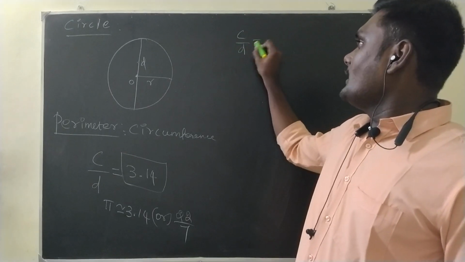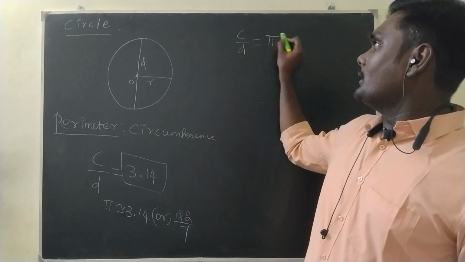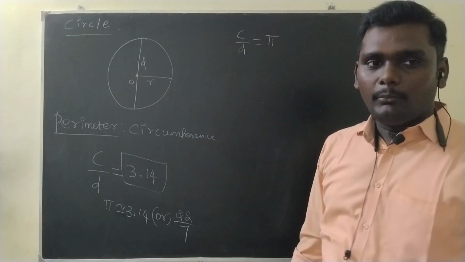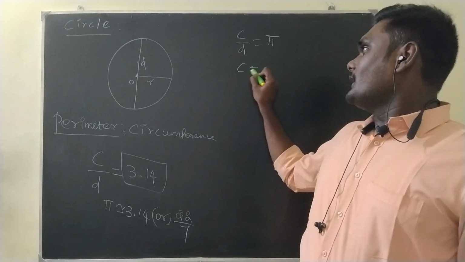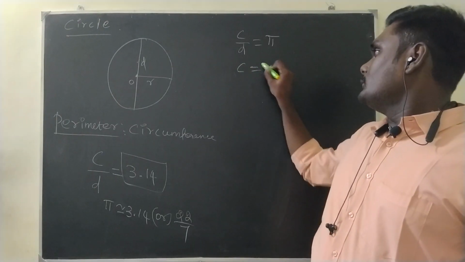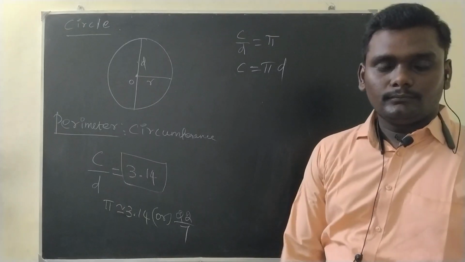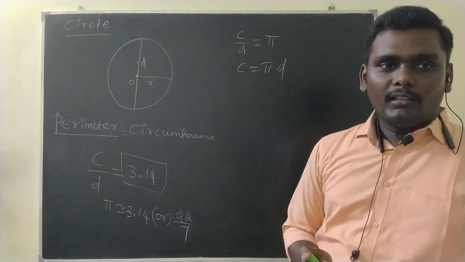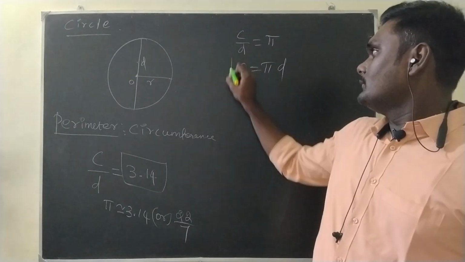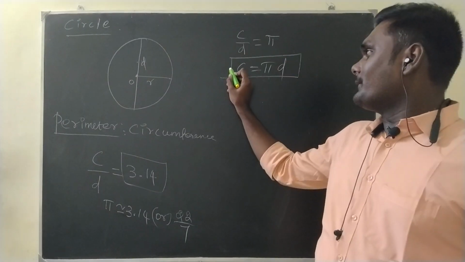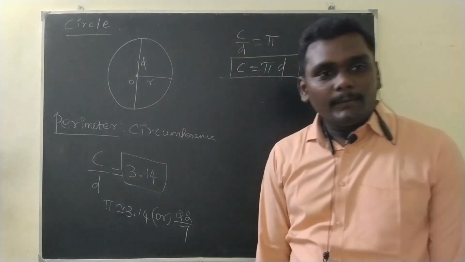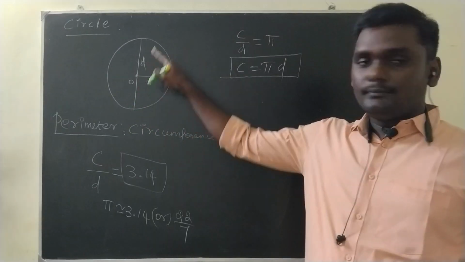So, C by D equals pi approximately, but we use pi more often. Now, C, the circumference of a circle, equals pi into D. That is it. This is the formula of the circumference. Pi into diameter. In the case of radius, what is diameter?